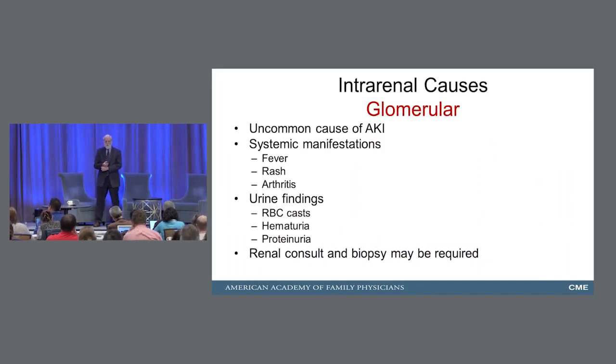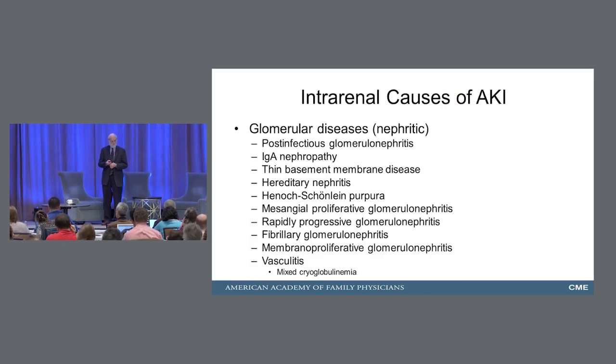Intrarenal causes of AKI are uncommon. Think about them if you have fever, rash, arthritis, and findings in your urine of RBC casts or significant proteinuria. For those patients, you often need a nephrologist and sometimes a renal biopsy to determine how best to treat them.